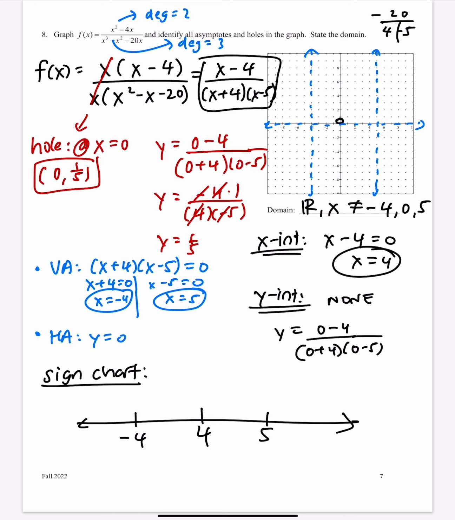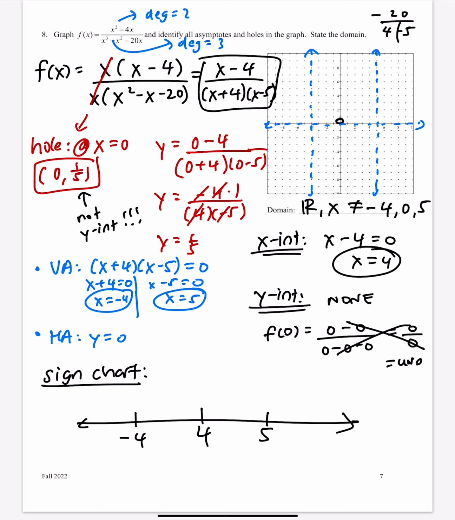So what you really need to do is plug 0 back into the OG function. So you plug in 0 in the OG function, you get 0 minus 0 over 0 minus 0 minus 0, which is 0 over 0, which is undefined. So we can't do that. If you plug in here, ironically enough, you get this value, but that's not your y-intercept. That's a hole. So there is an x-intercept at 4.